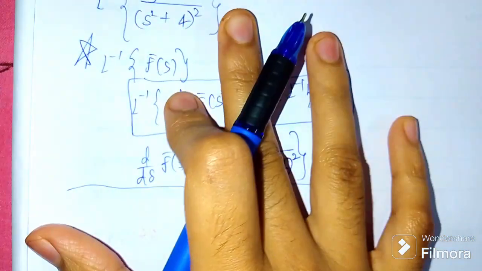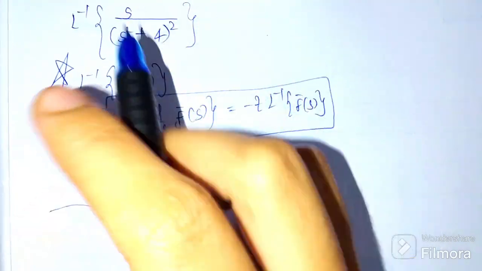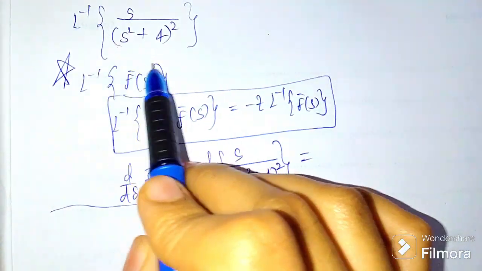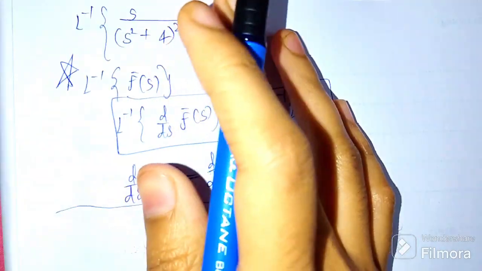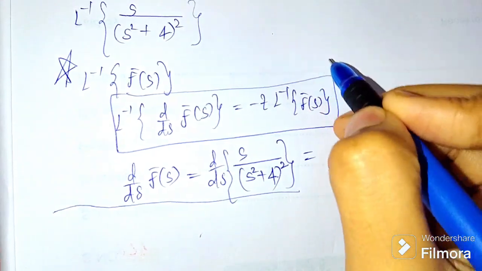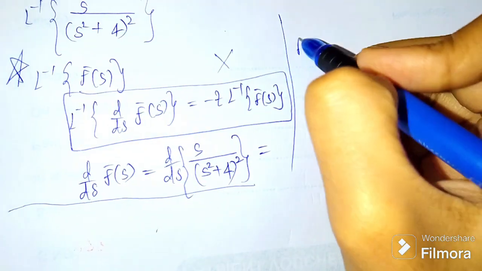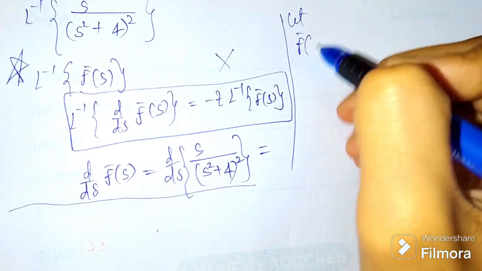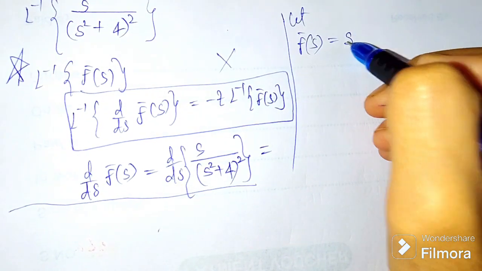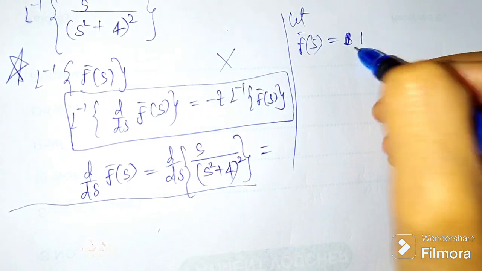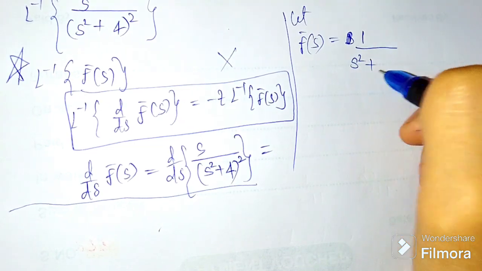See, here we took f bar of s as this whole term, no? Let's not take like that, okay? Don't do it in this way. Here let f bar of s be 1 by s square plus 4.